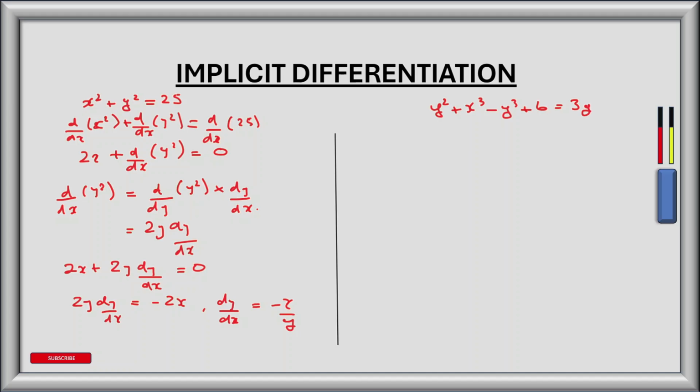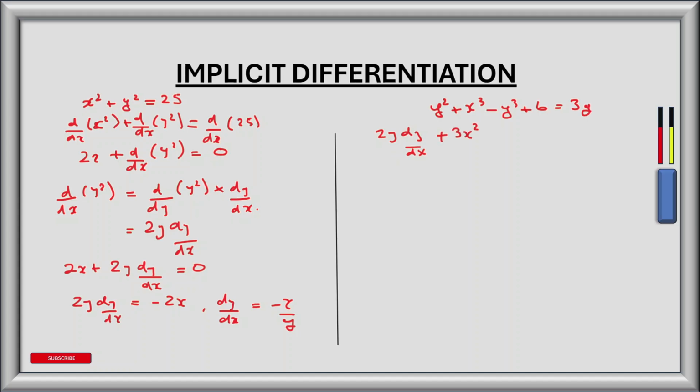So we want to differentiate with respect to x, y squared plus x cubed minus y cubed plus 6 equals 3y. So let's first differentiate y squared. The derivative of y squared with respect to x is 2y multiplied by dy by dx. The derivative of x cubed with respect to x is 3x squared.